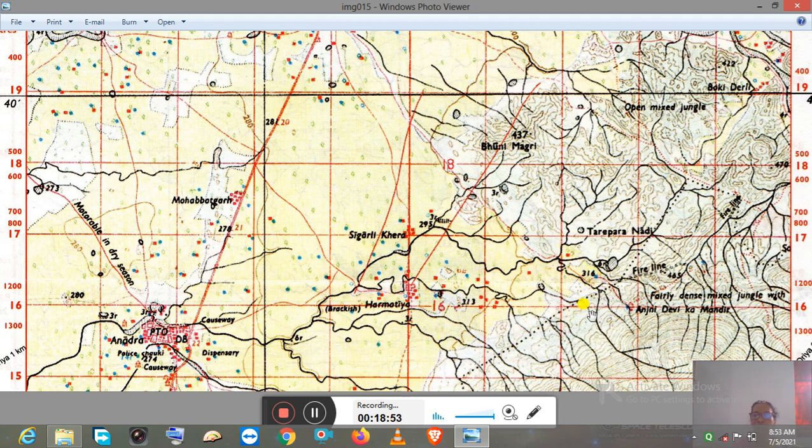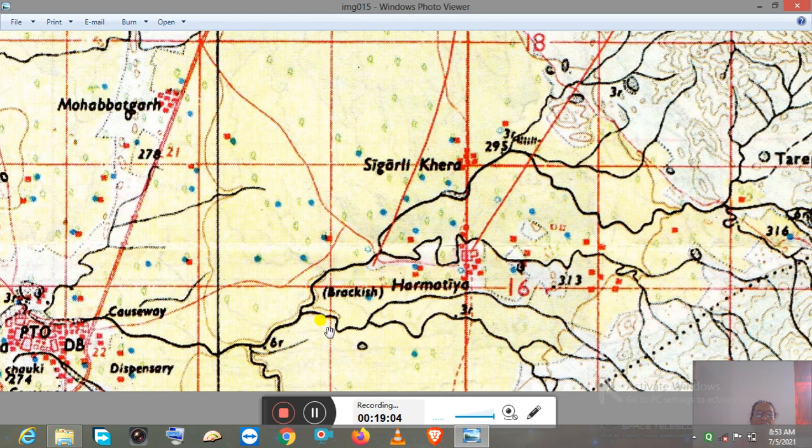It is not the boundary of reserve forest. Yes, here brackish is written, and very close to that there is a blue dot. Blue dot indicates the lined well. So brackish means the water in the well is salty, unfit for drinking.